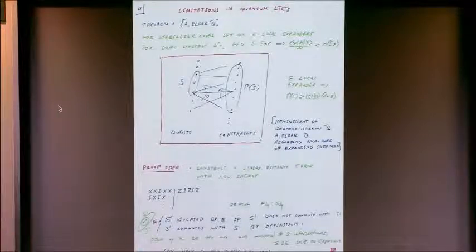For stabilizer codes set on epsilon local expanders, which I'll explain in a moment, if you look at small constant distances delta, the regimes in which it's easy to come up with classical locally testable codes, then the energy is O of epsilon, meaning that it's a bad locally testable code.